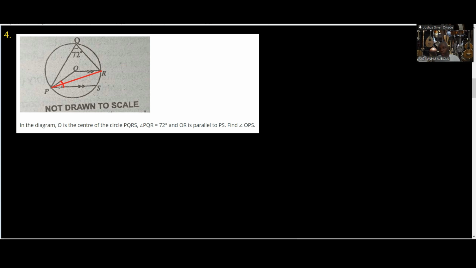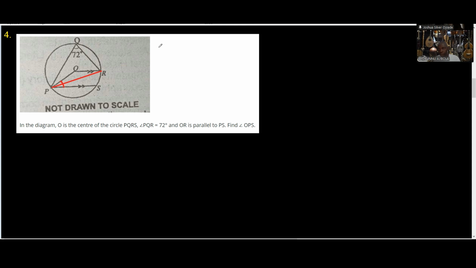Okay, we're looking for OPS, the total of this angle marked with the red. What we can see there is that the same chord PR is the one that obtained the angle POR at the center and angle PQR at the circumference.